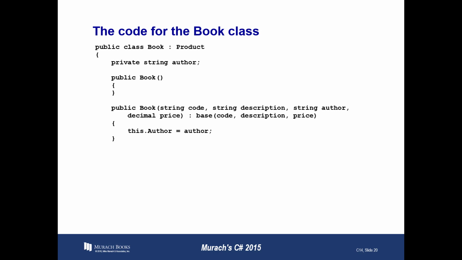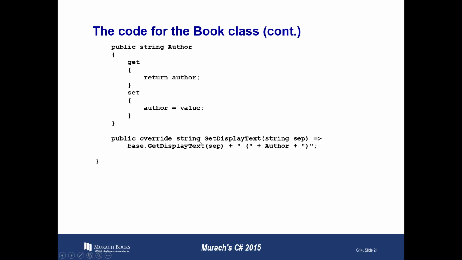So again, for book, we've added this private string author, and we have made a change in our constructor to tell the base, meaning, again, right here, this is saying, hey, product, you handle these, and I'll handle this. All right. We've also overridden the get display text so that it puts that author's name in parentheses.